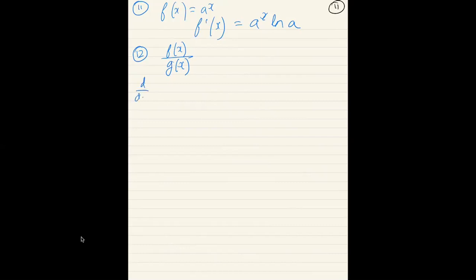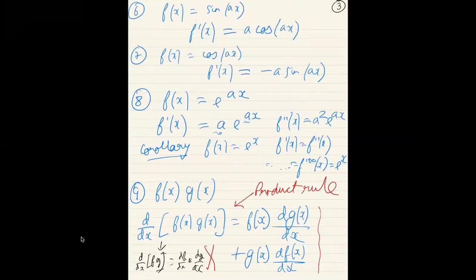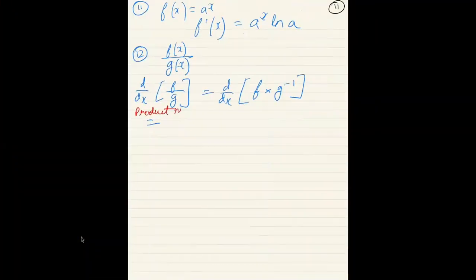So d by dx of f by g can be considered as d by dx of f multiplied by g to the power minus 1. G comes to the numerator. So now we can use the product rule.